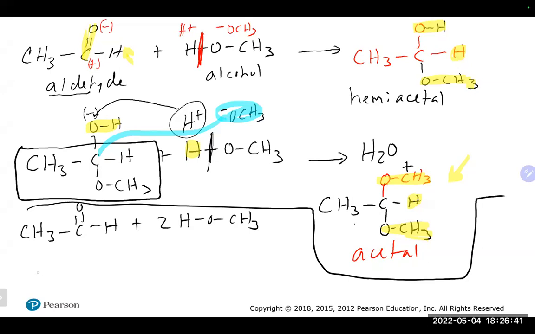All you have to do is redraw the aldehyde exactly the way it is and basically put in the oxygen carbon part of the alcohol on both spots, the top and the bottom. And that will get you obviously right to here. So that's sort of the shortcut there. Get rid of the carbon oxygen and just put the two oxygen carbon parts of the alcohol there. And that will shortcut you right into what you get at the end.